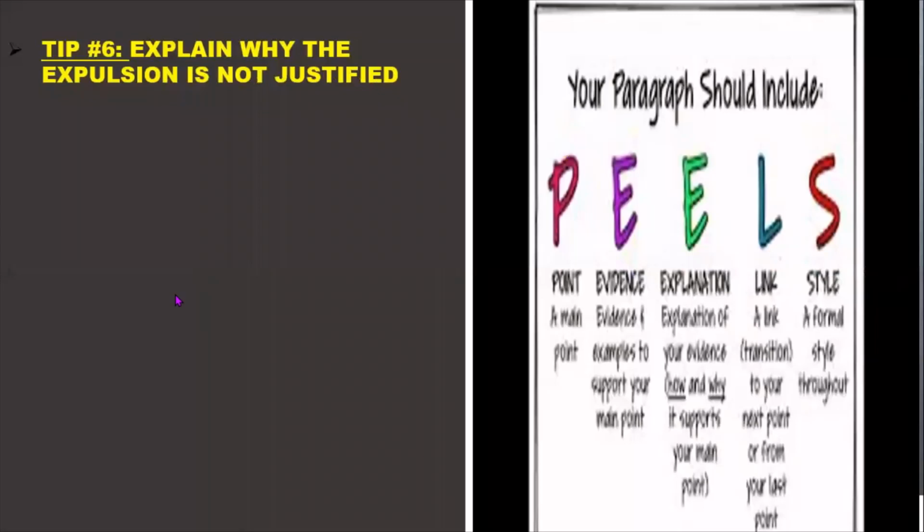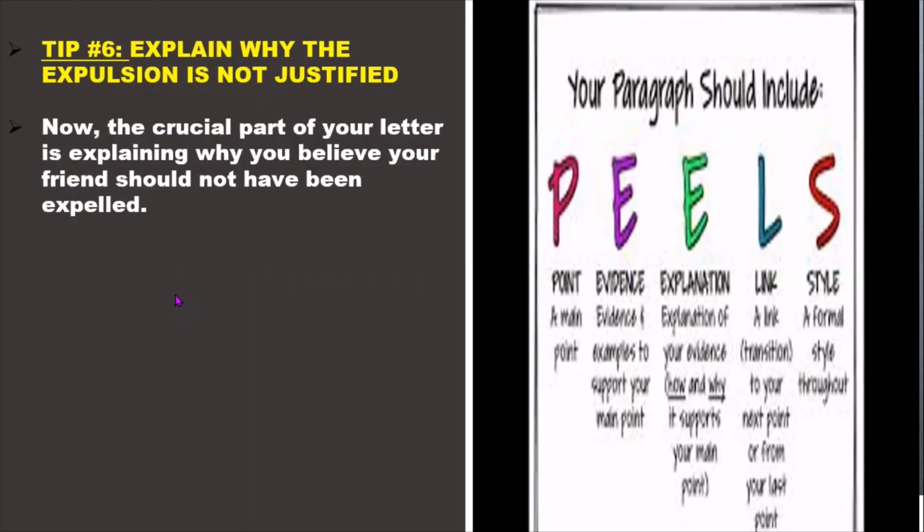Tip number 6, explain why the expulsion is not justified, because that's part of the content required in that question. You are to explain why your friends shouldn't have been expelled. So now, the crucial part of your letter is explaining why you believe your friends should not have been expelled.